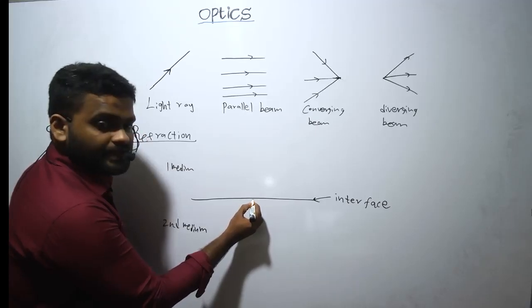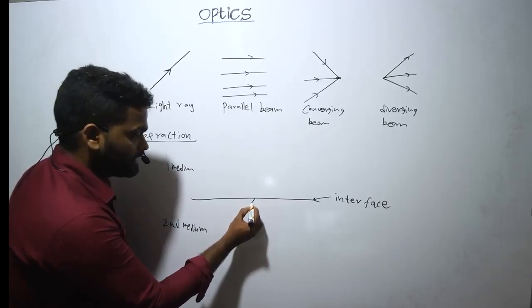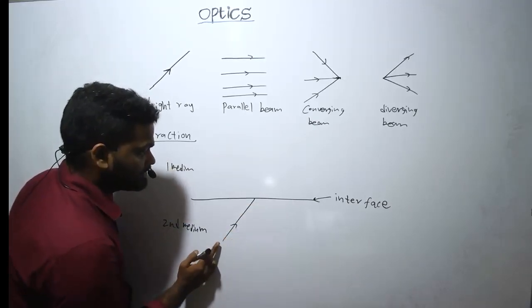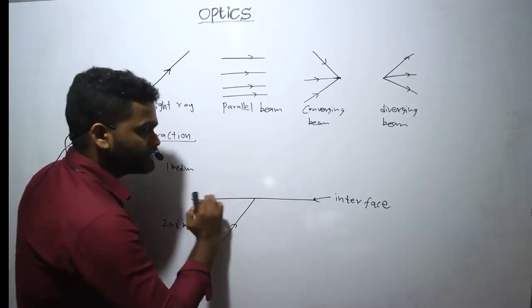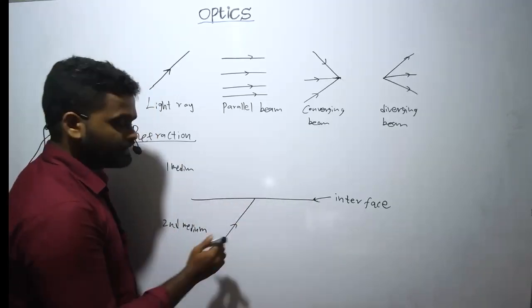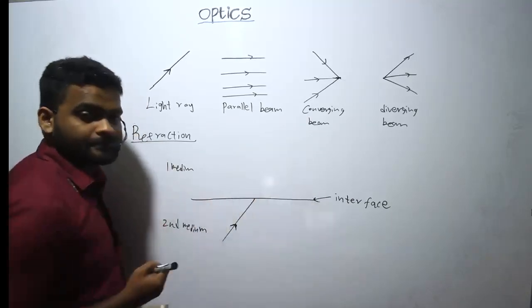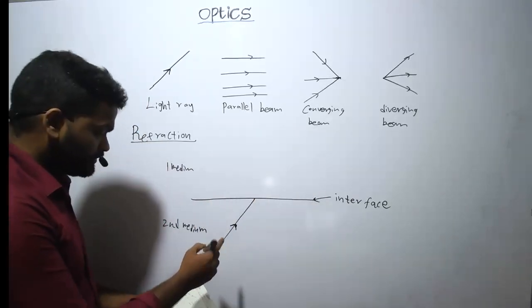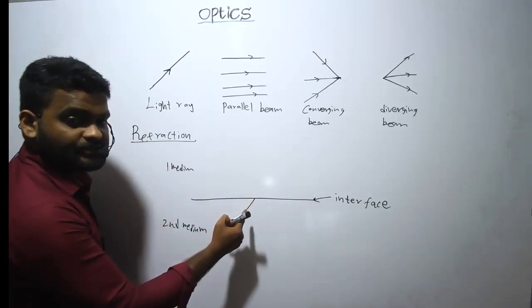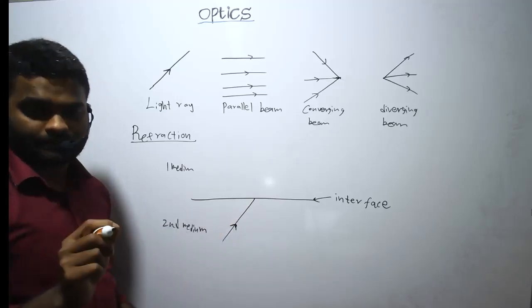A light ray can come like this and be incident on the interface. This ray is what we call the incident ray.